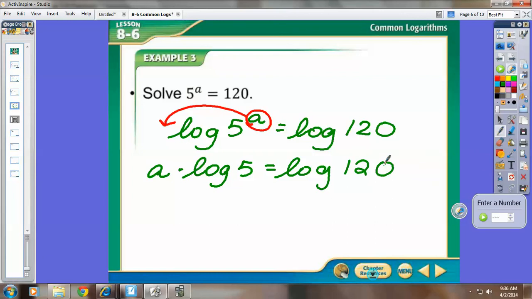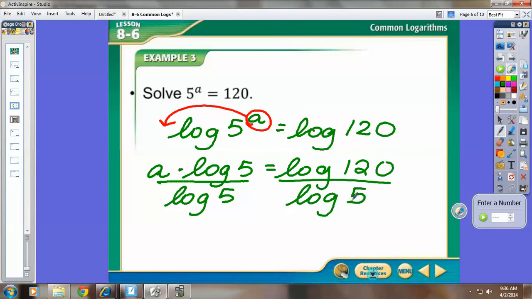What do we do to get a alone? Divide by log 5. Copying this down. So I'm left with a equals log 120 divided by log 5.